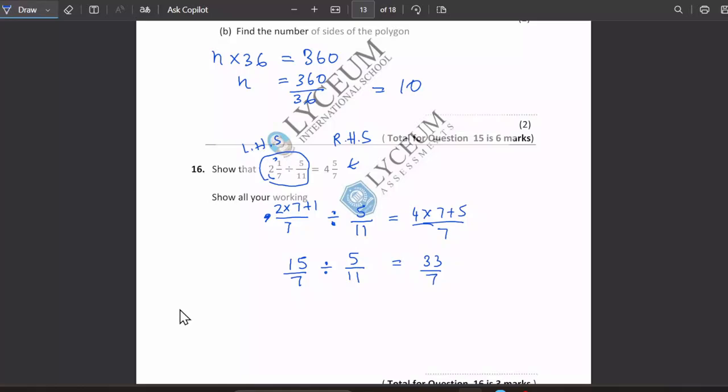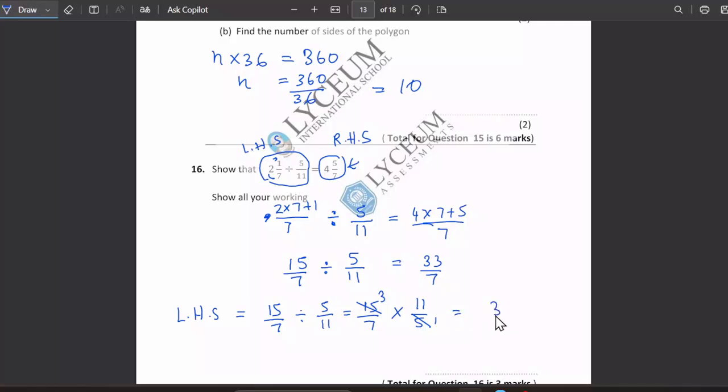Now it is easier. Let's take the LHS and show that this thing comes when we solve this part. 15 over 7 divided by 5 over 11. So we can take the reciprocal and change this into multiplication. 15 over 7 times 11 over 5. 5 and this we can simplify. 3, 1.